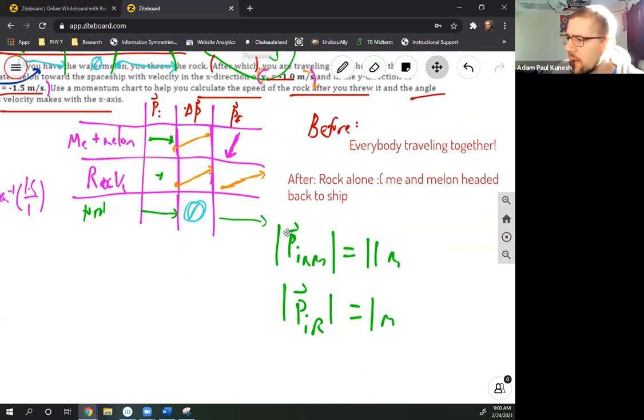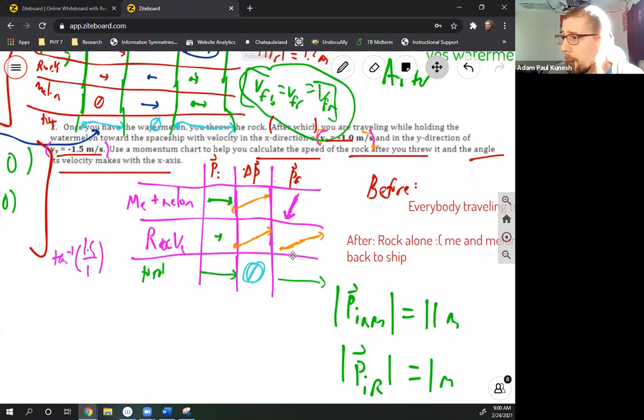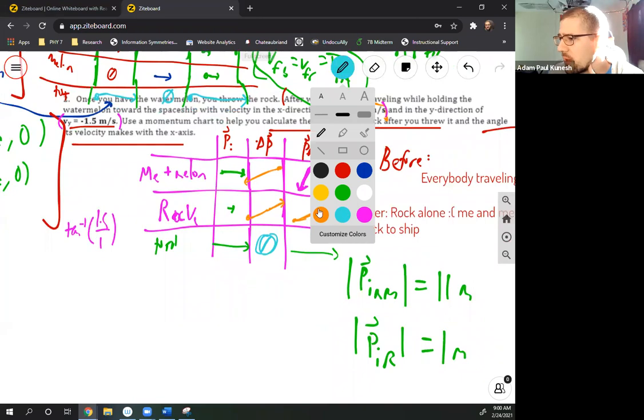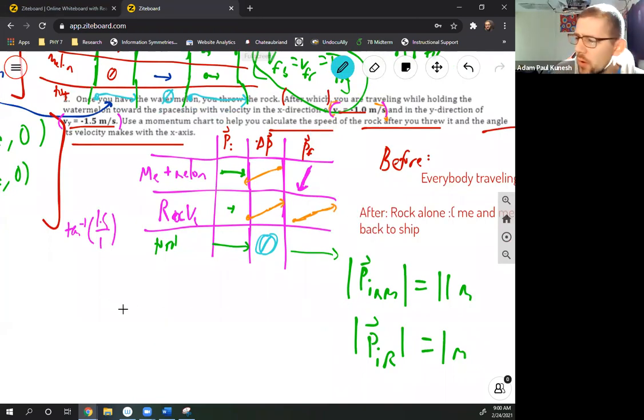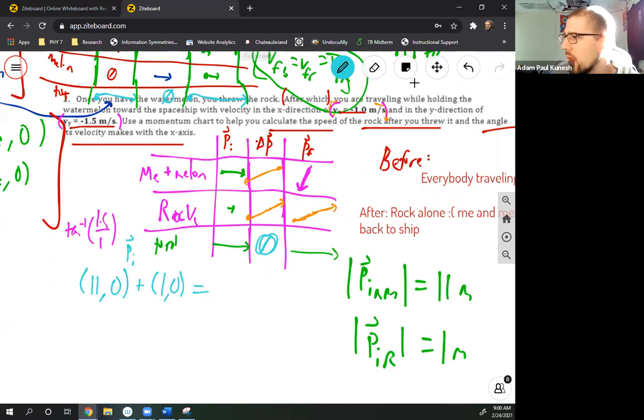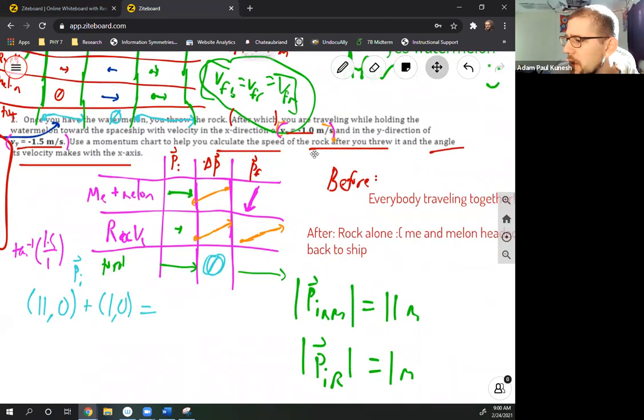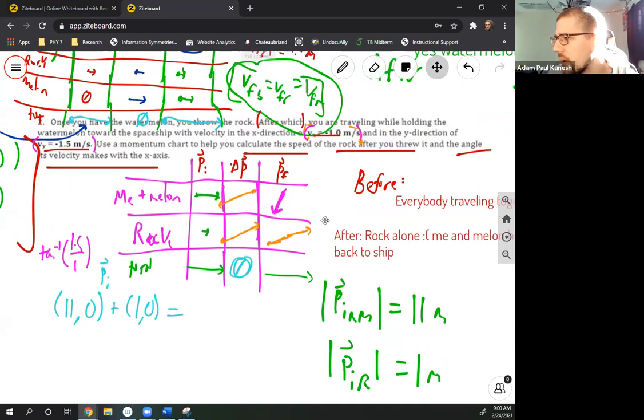Okay, we're just about at time. Let's do this. I'm just going to do a sketch for it, and then I'll solve it very quickly. Same deal. P initial has to equal P final. The mass of me plus the rock is 11. So it's going to be 11 comma 0 for me plus Melon, plus 1 comma 0 for the rock, equals the initial momentum, equals, now me plus rock afterward is going to be 11 times -1.